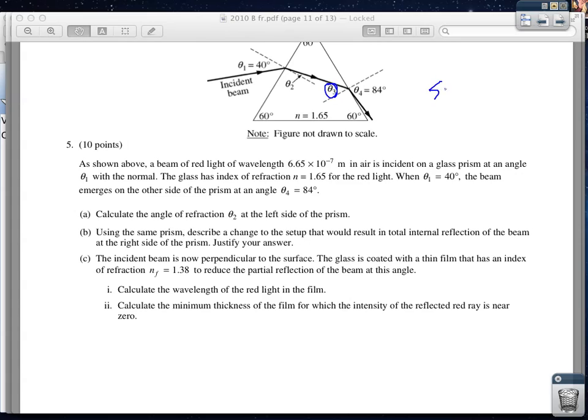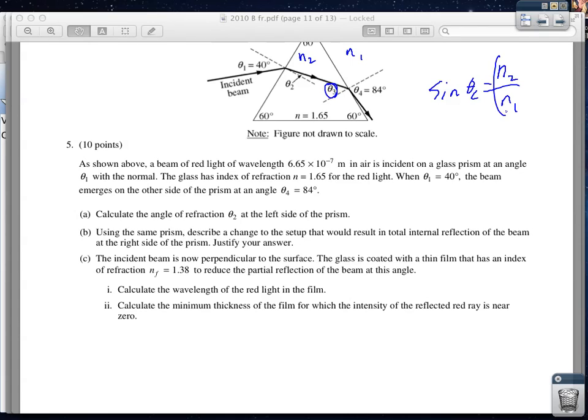Because critical angle is sine theta c equals n2 over n1. You know how I know that here? Because this is n2, and this is n1, because it's the air.